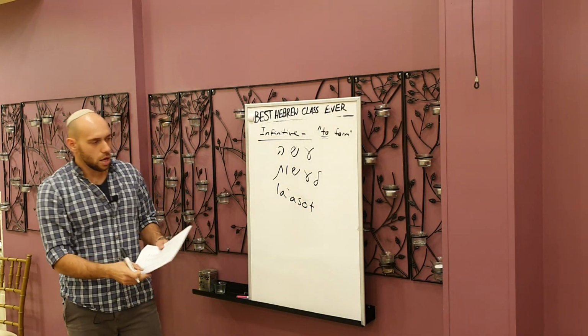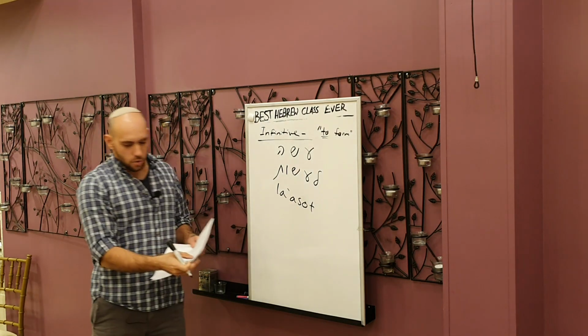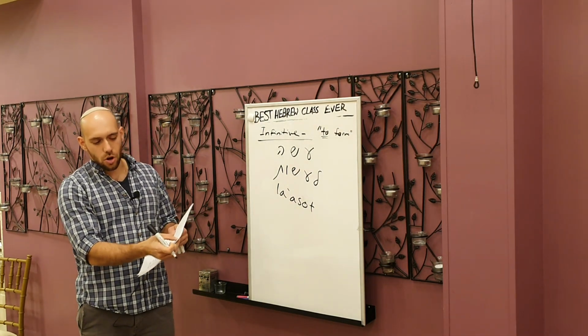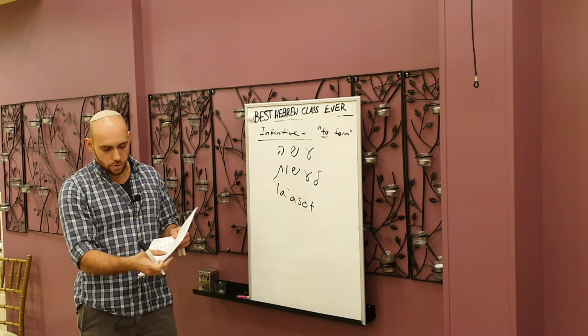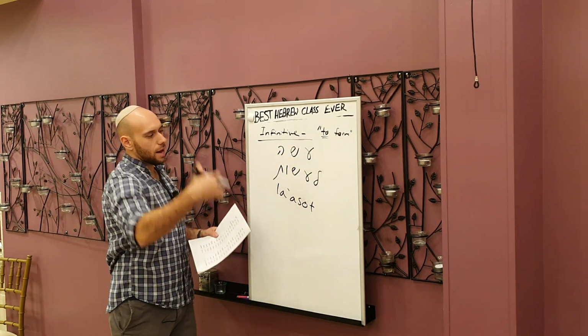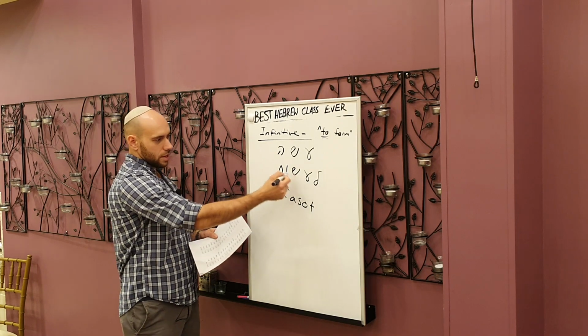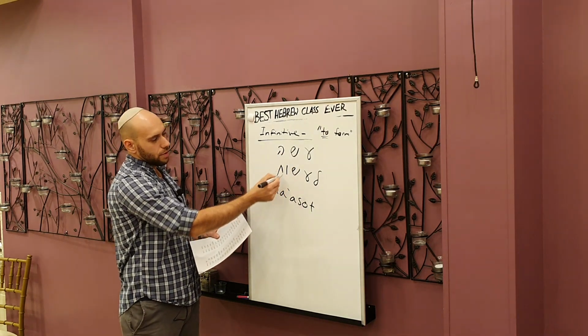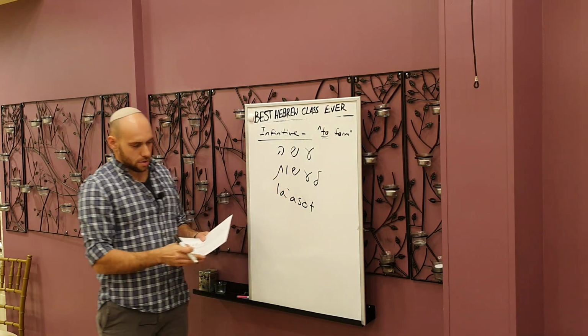Why is it la asot? That's not any different than la azor, la atzor. If you know it starts with an ayin, you know it's going to be la a. But then you got this change at the end.